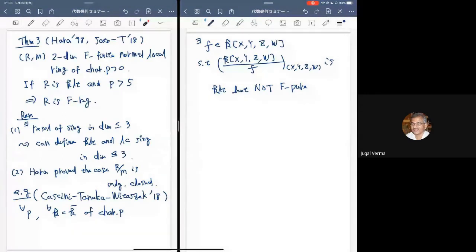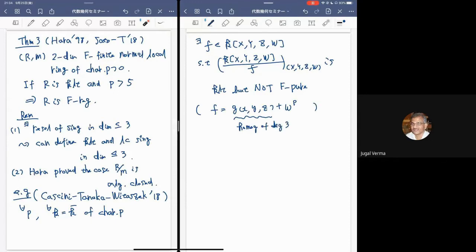You can choose an arbitrary sufficiently large prime, but still, if you choose the equation well, you can get a hypersurface which is KLT but not F-pure. The equation is something like this: F is equal to G(X,Y,Z) plus W to the P, where P is the characteristic, and G is homogeneous of degree 3.